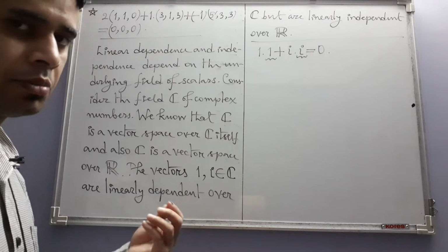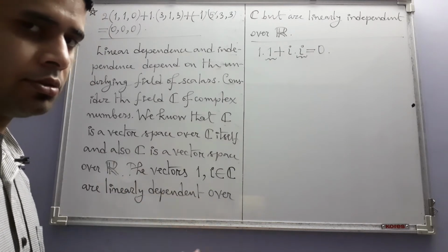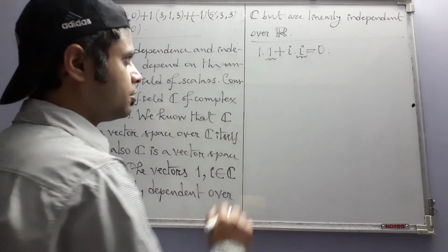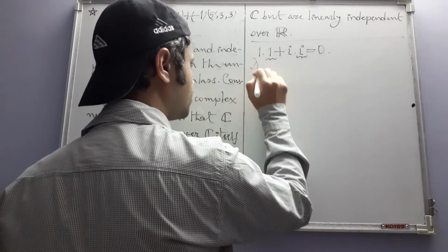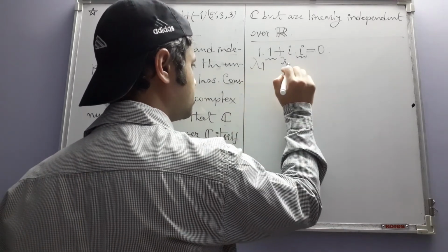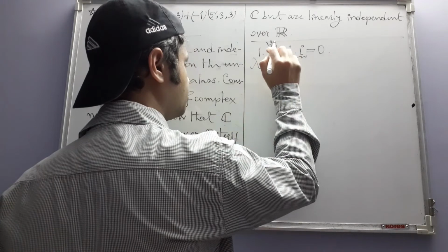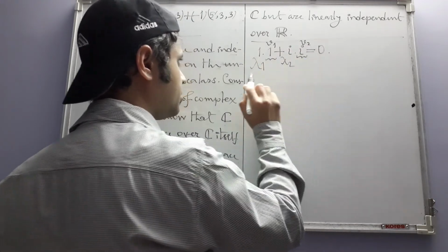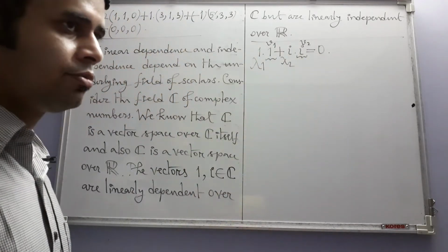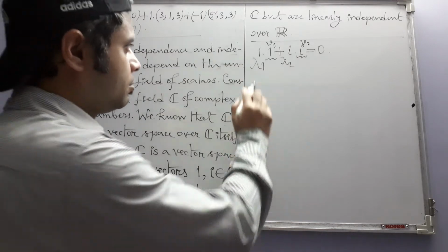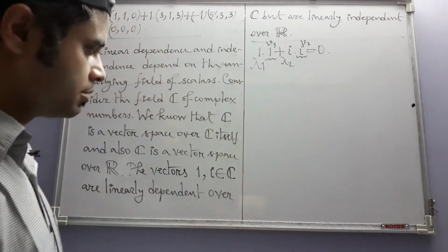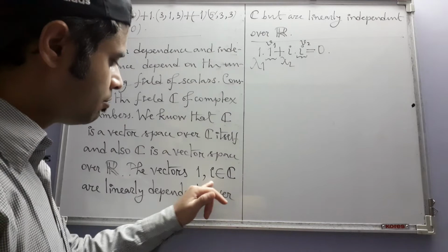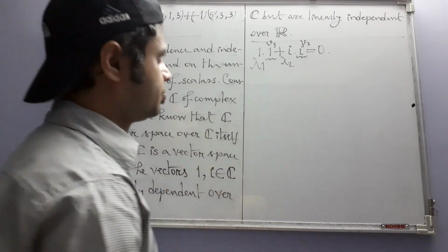So there are complex numbers available for you to choose as scalars. Note that this is your lambda 1, this is your lambda 2, this is V1, this is V2. Lambda 1 and lambda 2 are both non-zero, but the linear combination is 0. So over C, 1 and i are dependent.